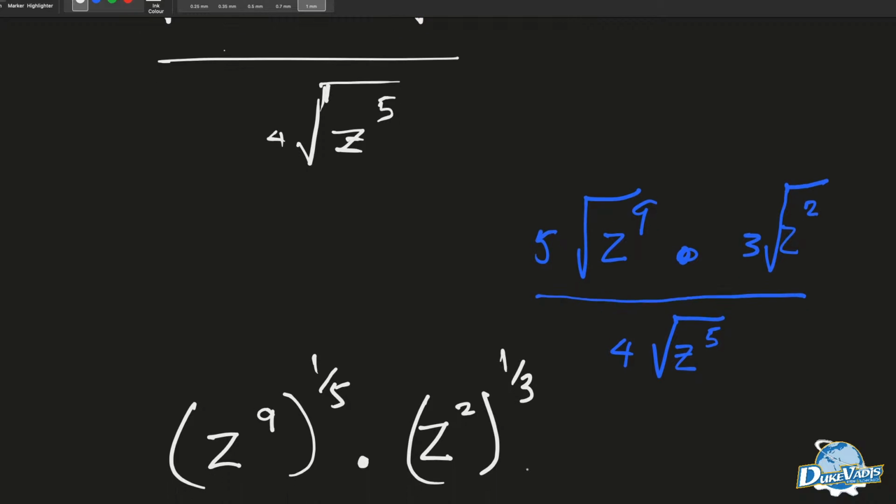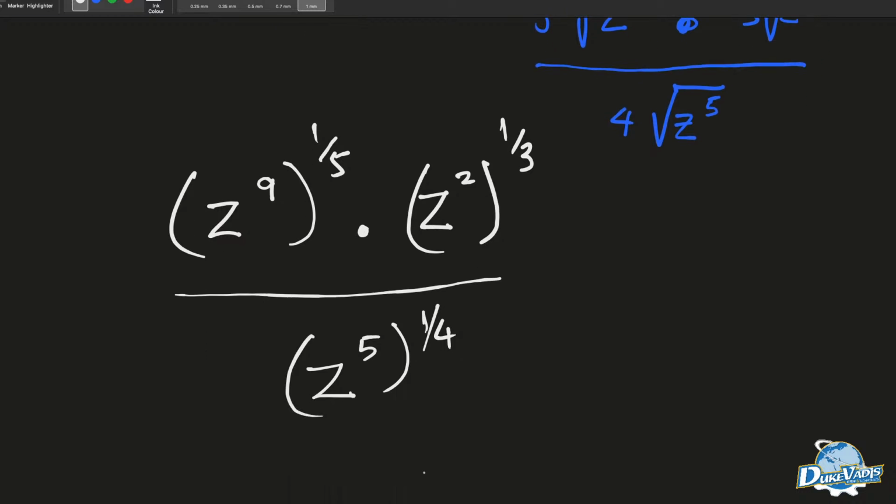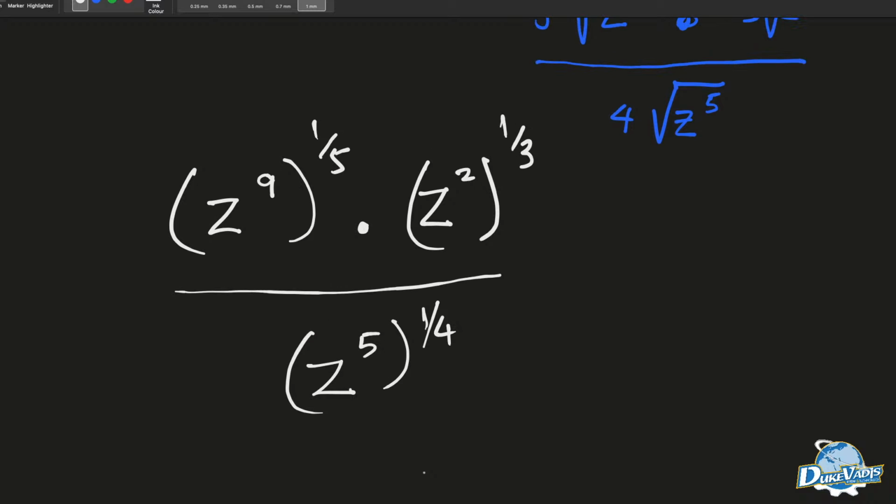Then it's dividing, so this is all divided by z raised to the power 5, all raised to the power 1 over 4. Friends, you see, we have been able to make it easier for ourselves so that the subsequent calculation is easy for us.